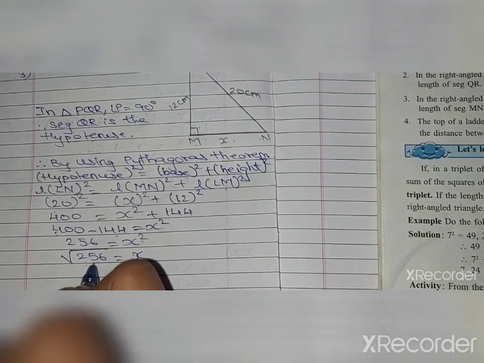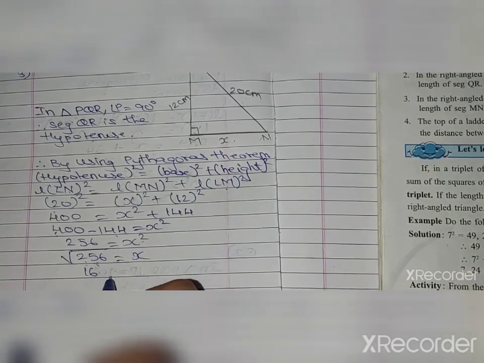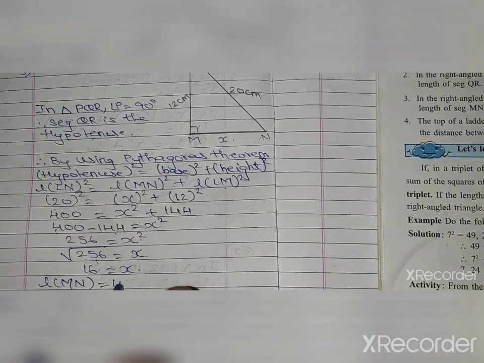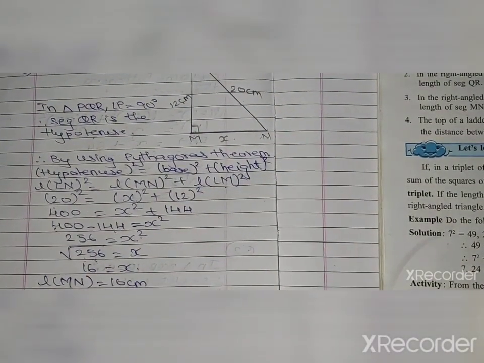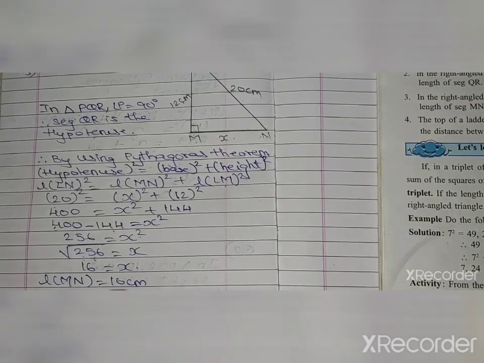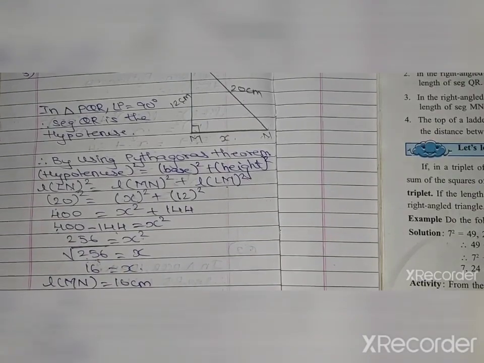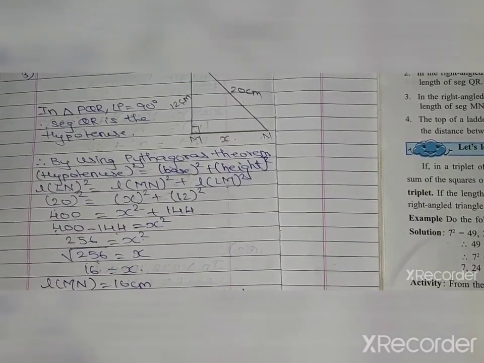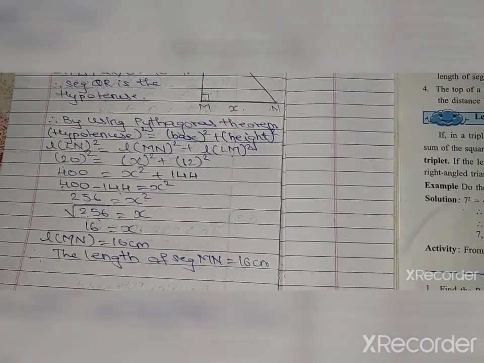So when you remove the square root of this, you will get how much? 16. X equal to 16. Therefore length MN equal to 16 centimeter. Centimeter is given, so centimeter. Okay. Therefore the length of segment MN equal to 16 centimeter.